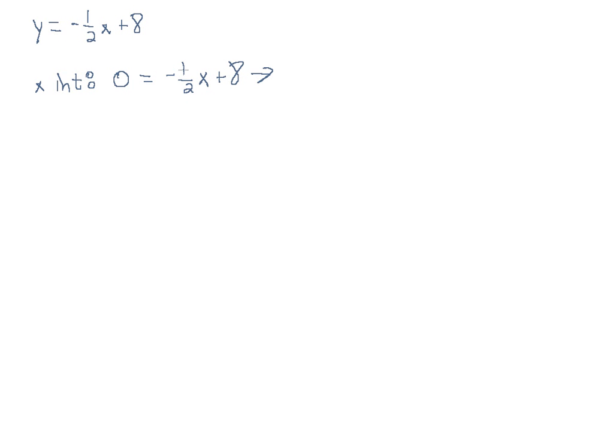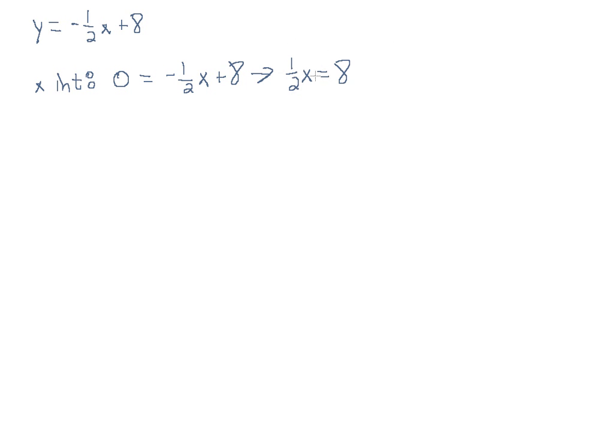We can add 1/2 x to both sides. That gives us a positive 1/2 x on the left side, and an 8 on the other side. Always thinking ahead, I like to have my variable on the left, and I like to have it positive, and then just move everything else to the right.